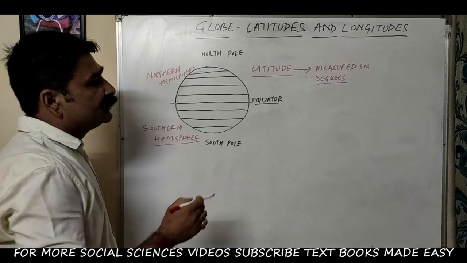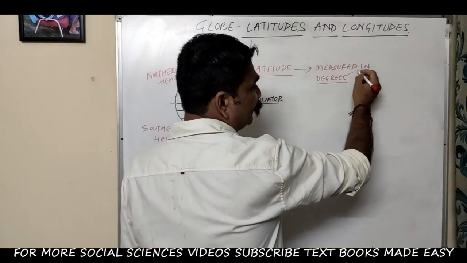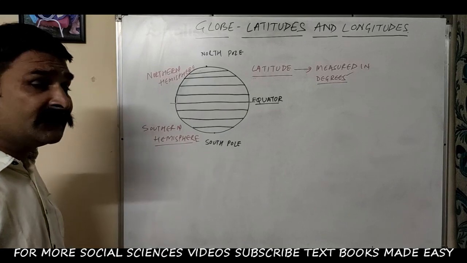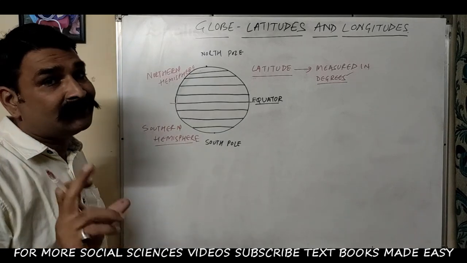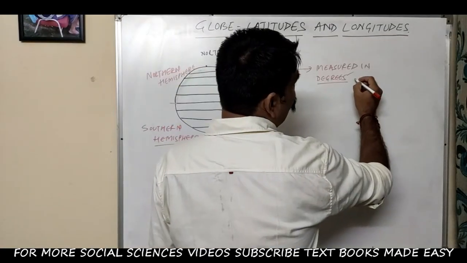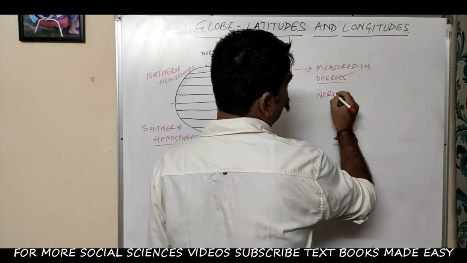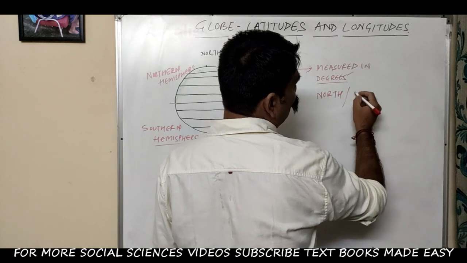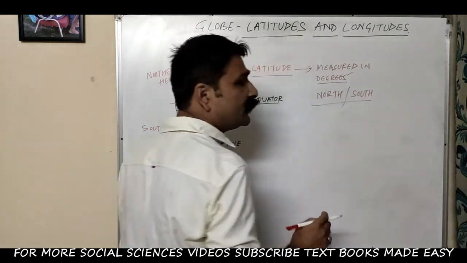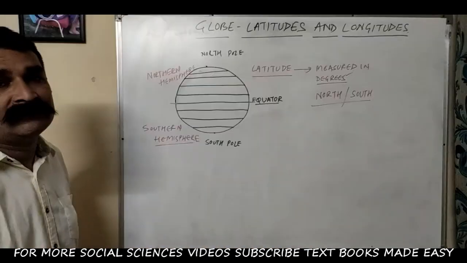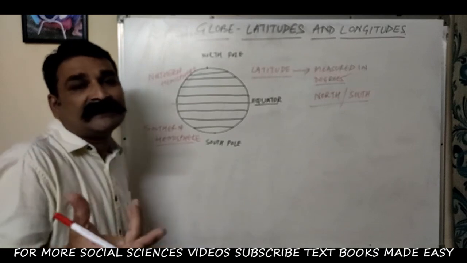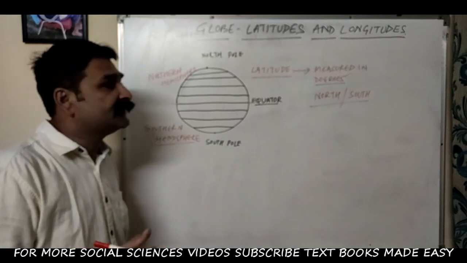Fine. So I told you that each latitude is measured in degrees, and one more thing is added with each latitude, that is we add north or south with each latitude. Only the equator is without N or S.